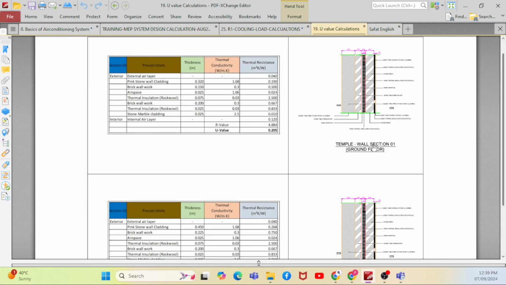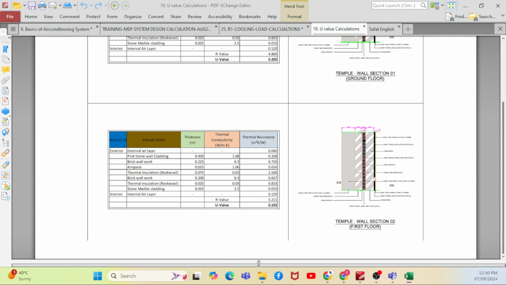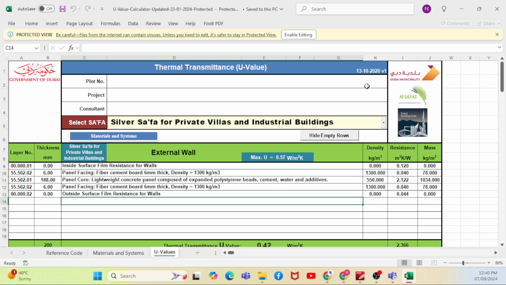Say for example, if it is the wall, I can show you one. There is one more folder. See, this is from the Dubai municipality requirement, right?